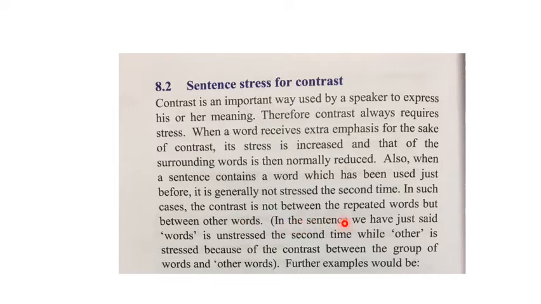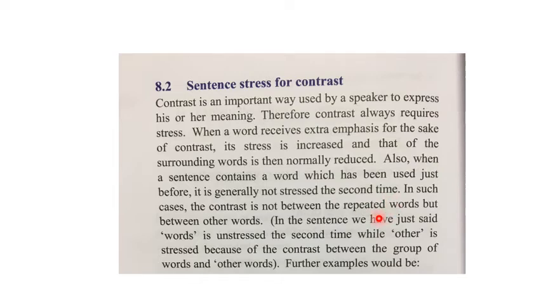In the sentence we've just said, words is unstressed the second time, while other is stressed because of the contrast between the group of words and other words. Other is stressed because I mentioned other words in contrast to repeated words or groups of words. Hopefully that is clear.